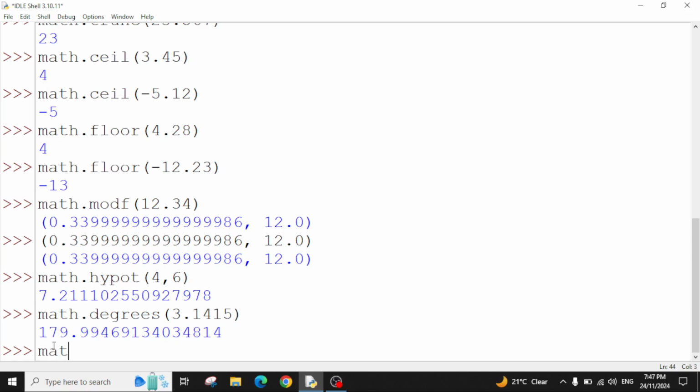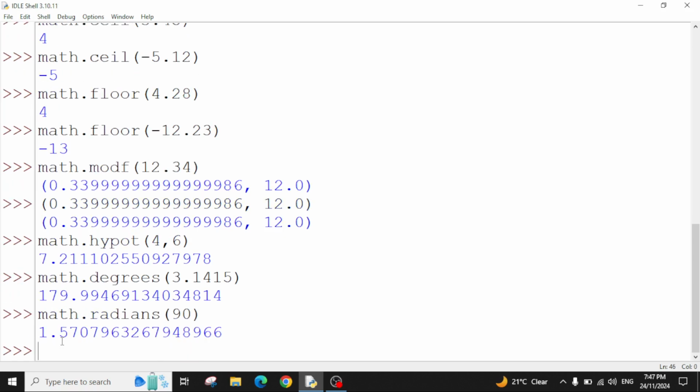There is one more function, math.radians. This does the opposite. Say I have 1.57. The given value is in degree. So I have say 180 degree, or let us take 90 degree, and that 90 degree is to be converted into equivalent radians.